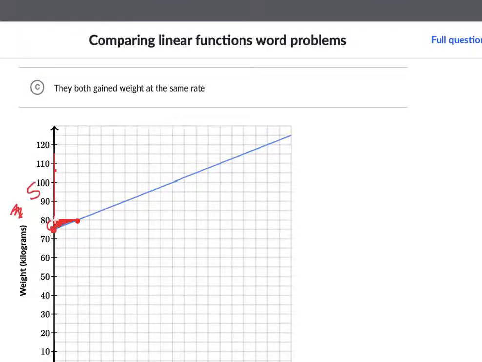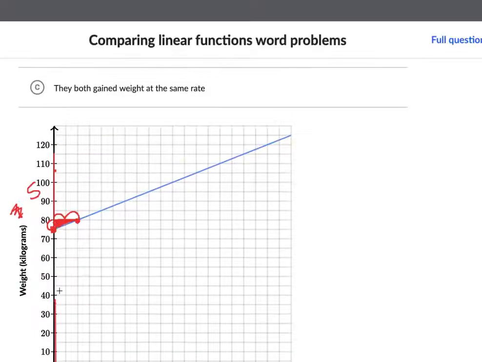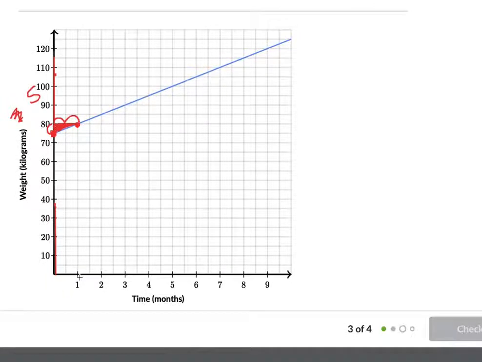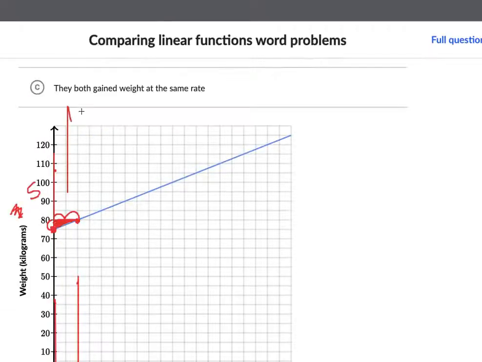From 75 to 80, I'm going up 5. And then now I'm going to jump over twice. Jumping over twice is just getting to 1. It's just going over 1. So it is a rise of 5, rise over run, and a run of 1. So that's 5.